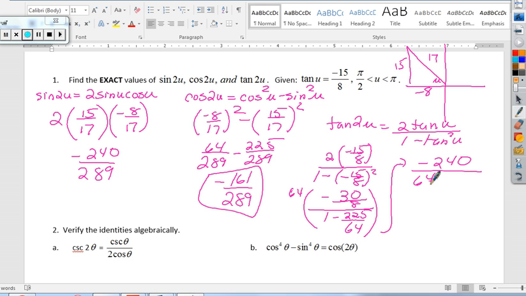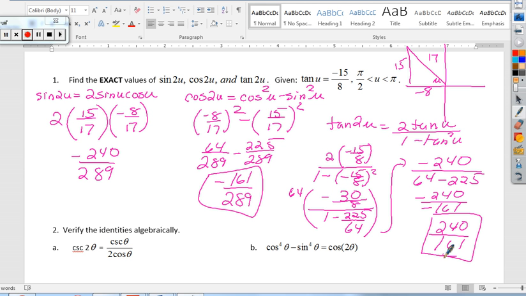And the last term, the 64s would cancel out, minus 225. This then would simplify to negative 240 over negative 161. And lastly, the two negatives would cancel out, leaving us with a value of 240 over 161. Alright, so that's one example of a problem.